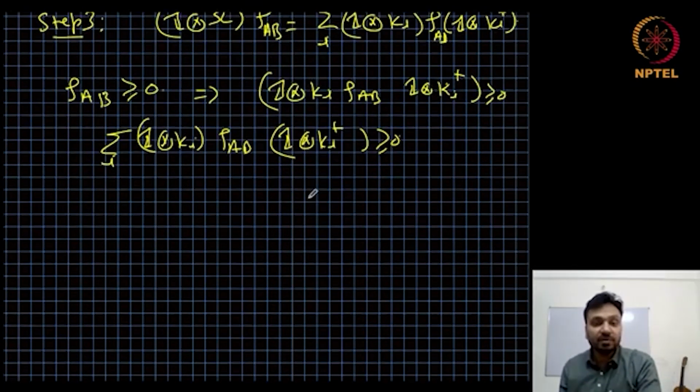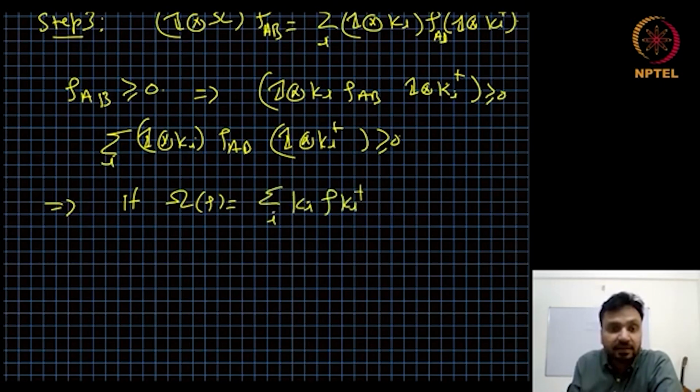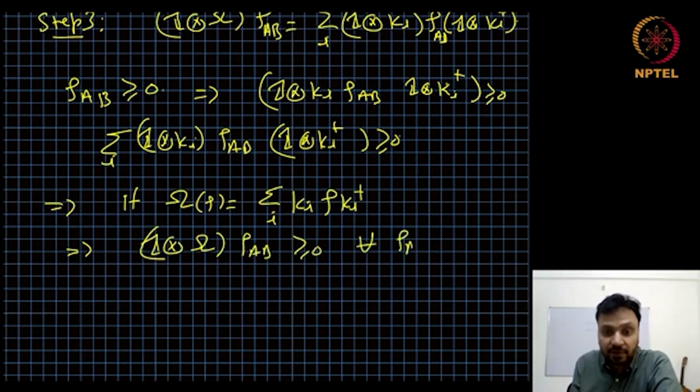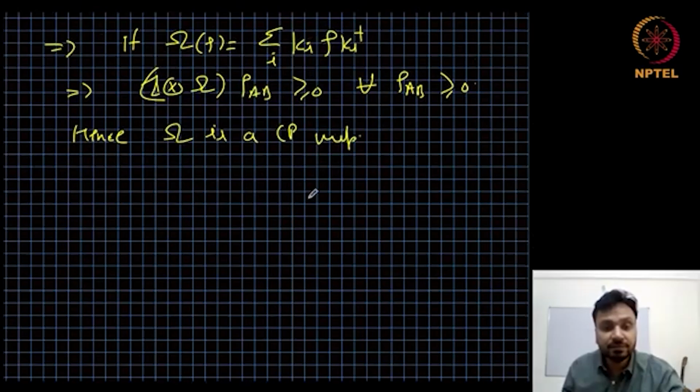And here we have not assumed anything about rho AB other than the fact that it is a positive operator. This implies that if omega of rho is sum over i K_i rho K_i dagger, then identity tensor omega acting on rho AB is positive for all positive rho AB. Hence, omega is a completely positive map. So that's the proof of the first theorem.